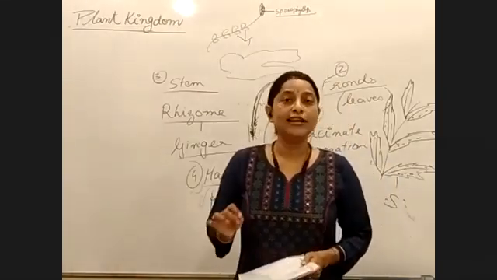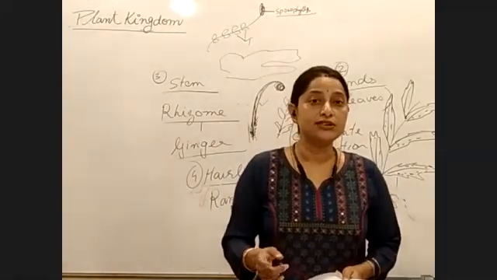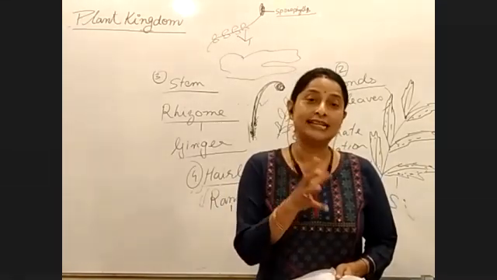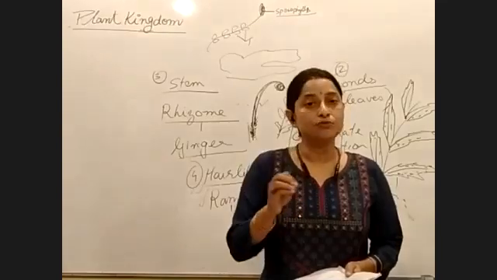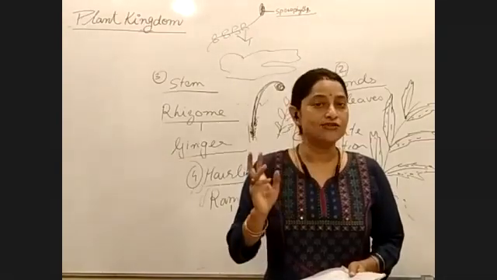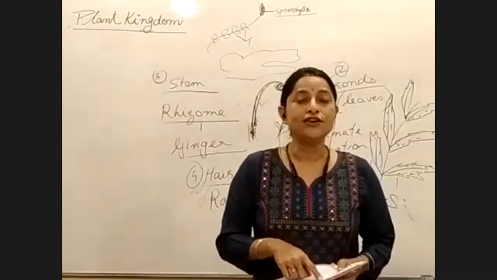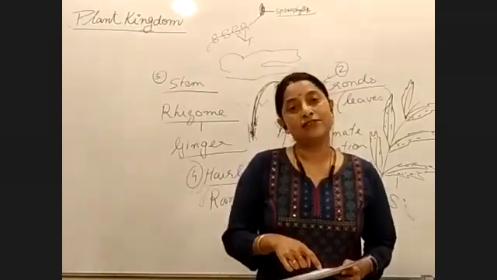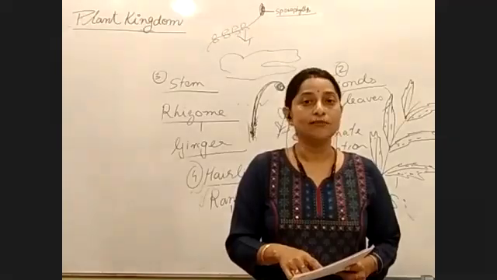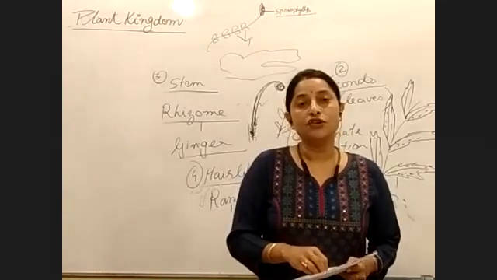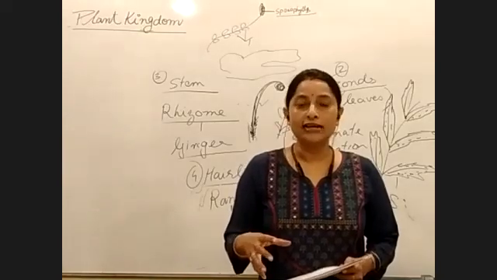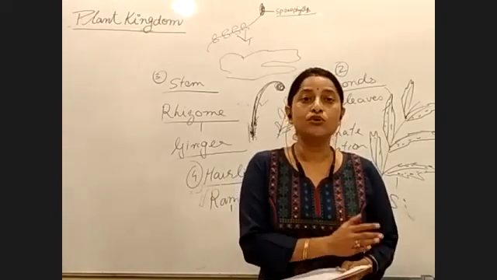In bryophytes also we talked about antherozoids. In pteridophytes also, we know there is an antheridium, and inside it male gametes are formed, called antherozoids. In ferns, the antherozoids, the male gametes, are multiflagellate. Why is this point important? Because in the plant kingdom chapter you have to always compare the groups and then study.